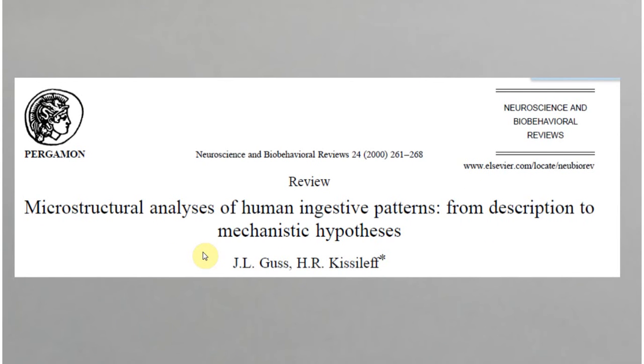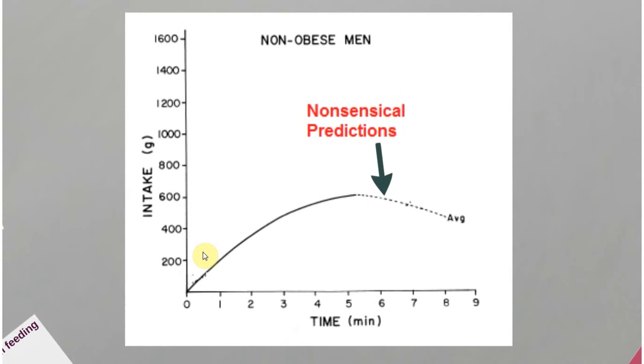I want to show you another problem, and that's what we call nonsensical predictions. This came out of an image from a paper by Gust and Kissileff, and you can see in this image, he's fit a parabola forcing the intercept to be 0. But here at the top, you see this dashed curve. The parabola eventually cycles downward.